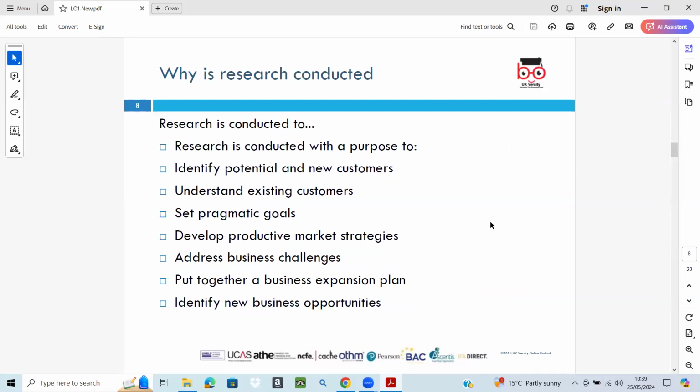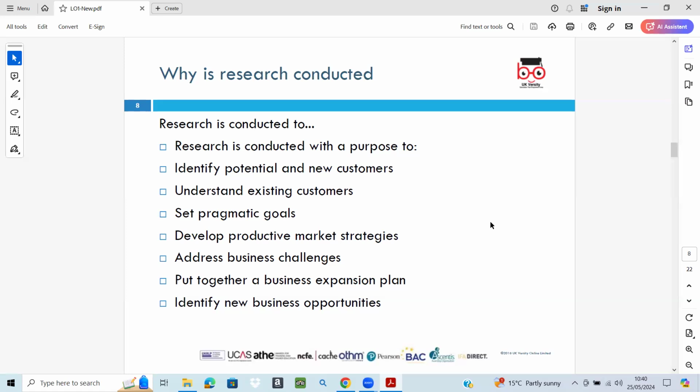Okay. So we have to discuss why research is conducted. Research is conducted to achieve numerous objectives, which can broadly be categorized into these areas.